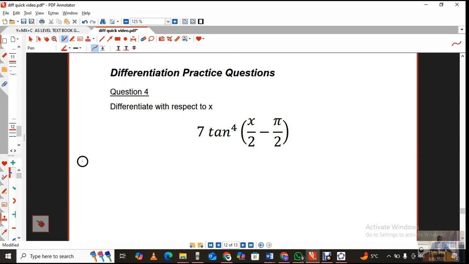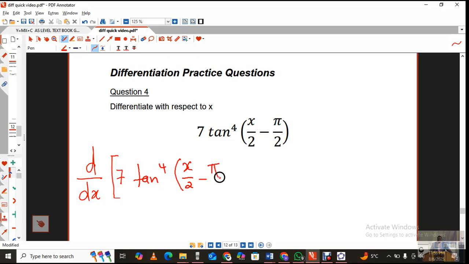So what we'll do is say I have d by dx of 7 multiplied by all of that, and let me write it again as it appears. So I have tan of x over 2 minus half of pi. The thing is, you have got a 7, it's like that constant multiple I mentioned, so it doesn't do anything.